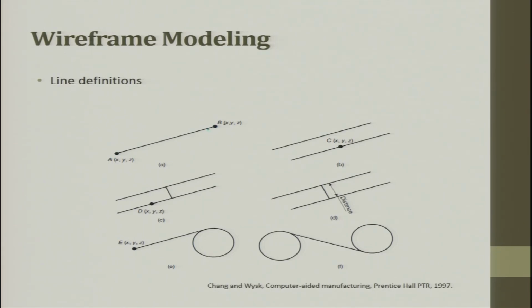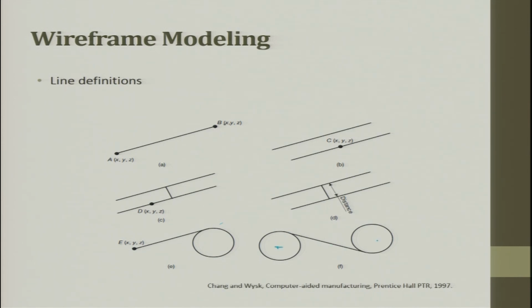Point and point join, A and B, you get a line. You draw a parallel to this line with an offset, and a perpendicular to this you can draw, you just define the distance. You can also draw a line which is a tangent to the circle.